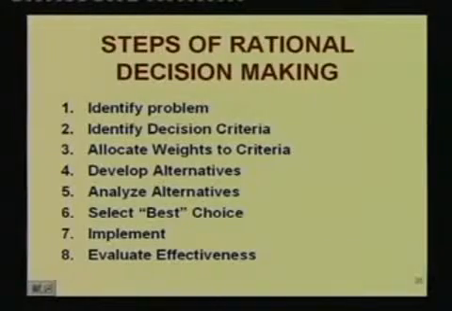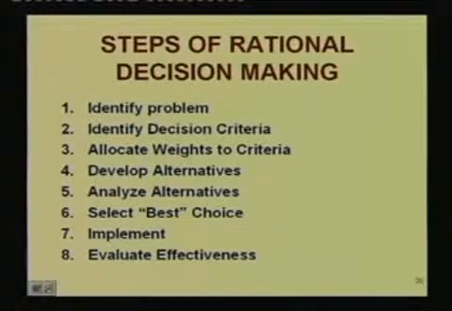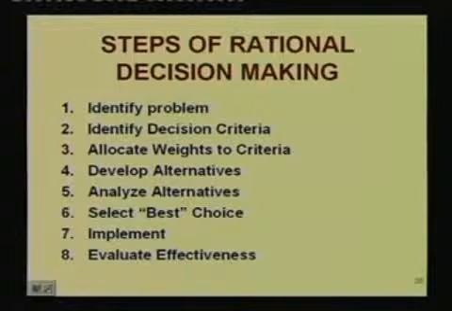Then the steps, again as I was saying: identify the problem, identify the decision criteria, allocate weights to each criterion, develop alternatives, analyze alternatives, select the best choice, implement, and finally evaluate the effectiveness.